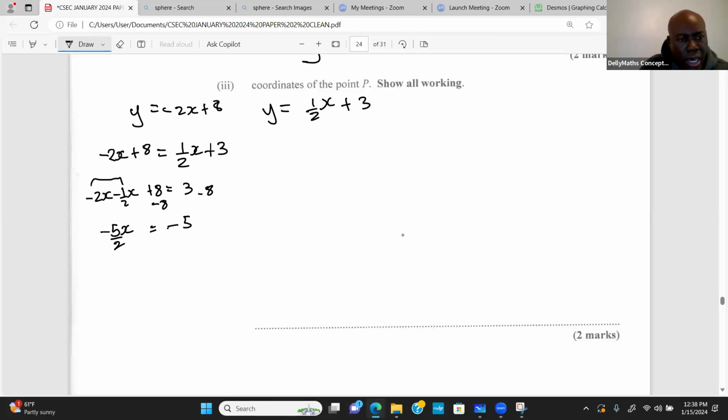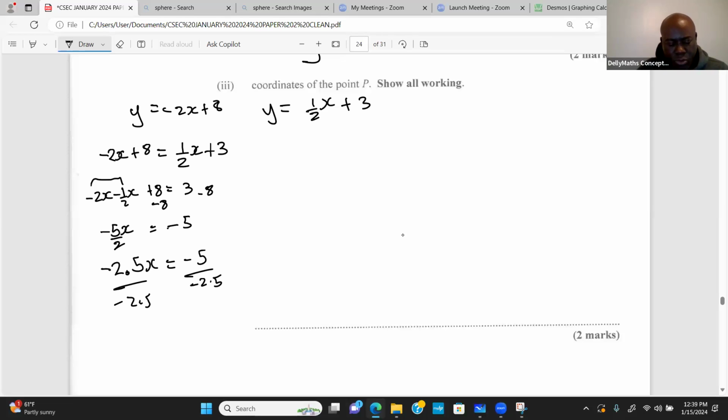So then you could see how we want to do this. It's up to us. This is the same thing as negative 2.5x equal to negative 5. So let's divide both sides by negative 2.5. All right.